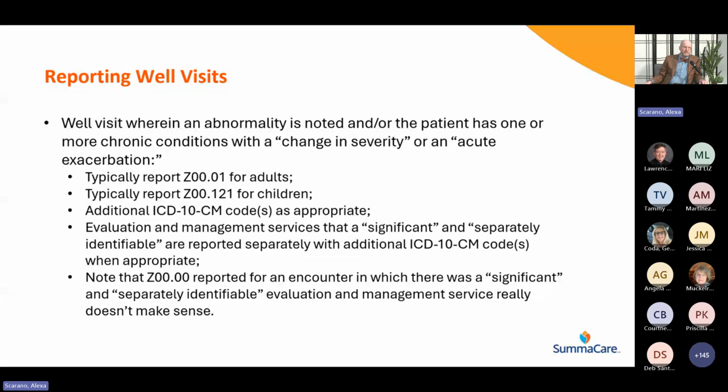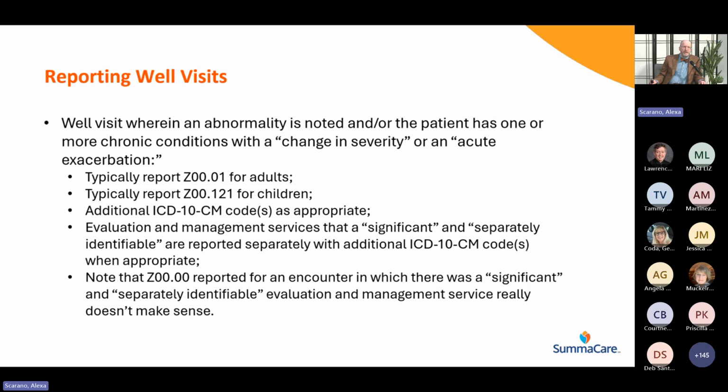A well visit wherein an abnormality is noted, something new and not normal is noted, or the patient has one or more chronic conditions with a change in severity or with an acute exacerbation, then you need to report that Z00.01 for adults or the Z00.121 for children.